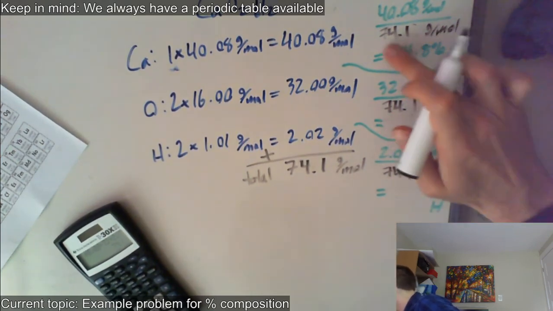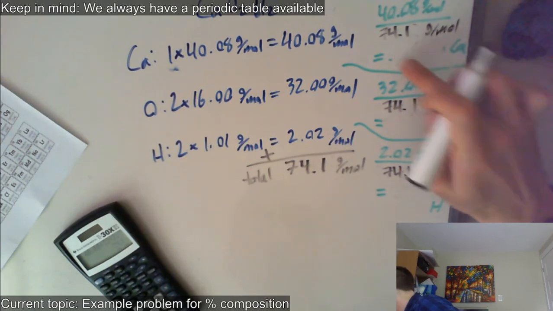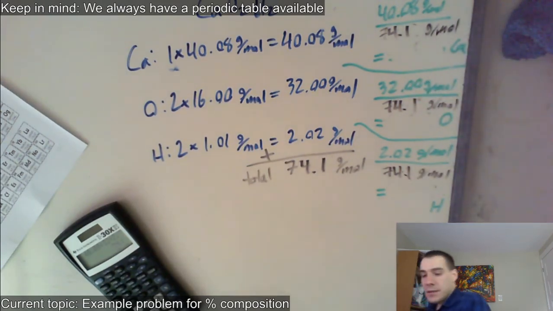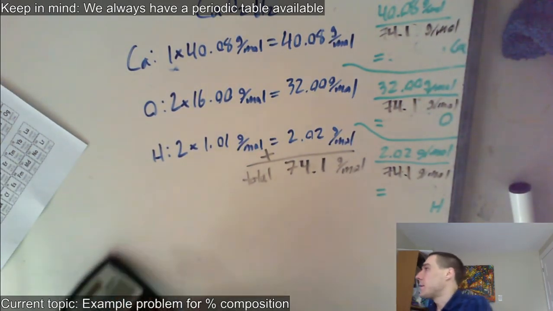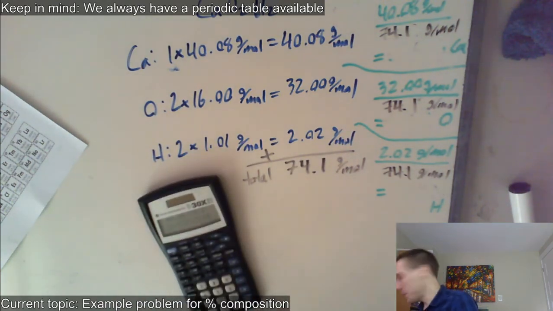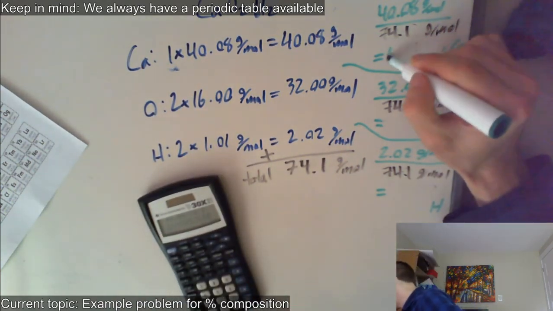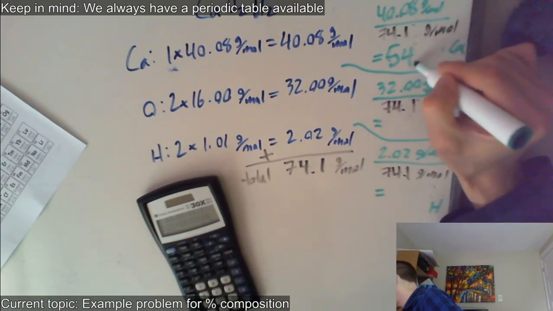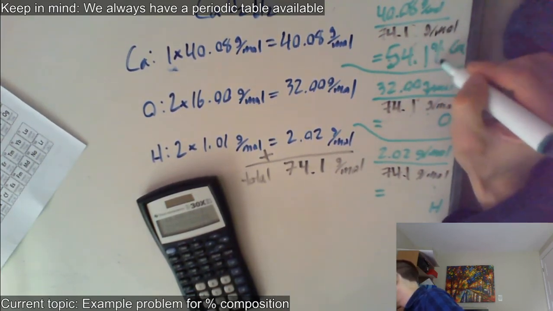So let me put in my percentages again. By the way, I didn't mean to do that. That was actually a completely organic error. I screwed up something on the calculator, and now I have to fix it. But thankfully, now that I fixed it, 40.08 divided by 74.1 is 54.1%.